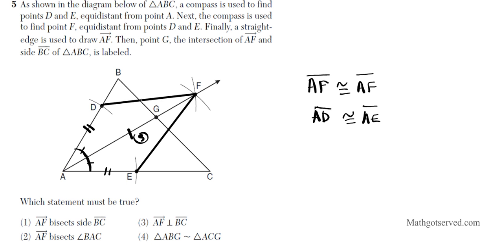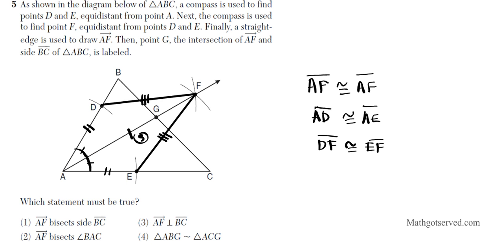And then also by construction, we know that DF is congruent to EF.